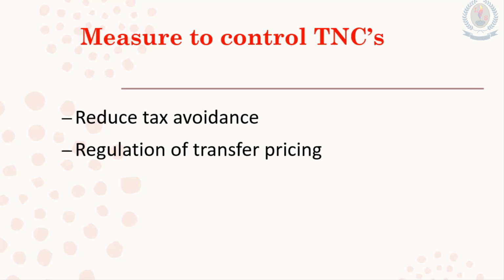And also these countries formed new rules on transfer pricing which controlled and coordinated the actions of transnational companies. The number of frauds that they can do was minimized due to proper formation of rules and regulations.